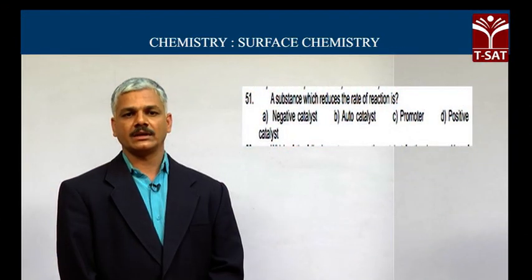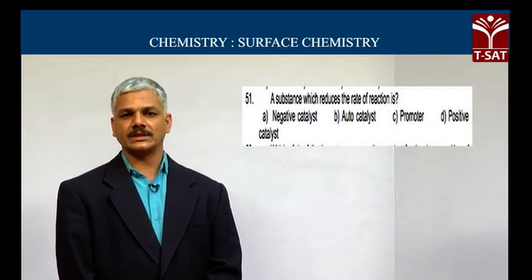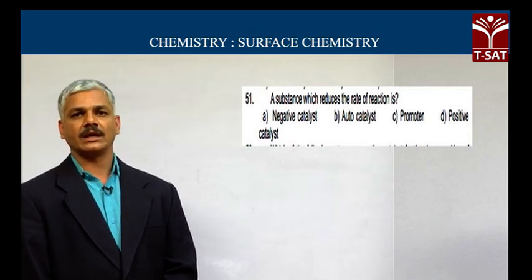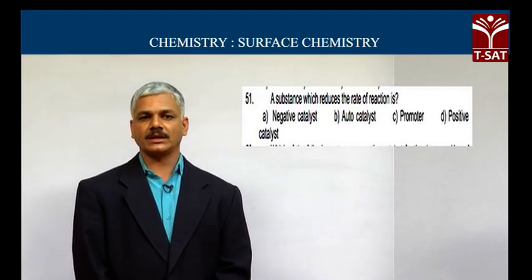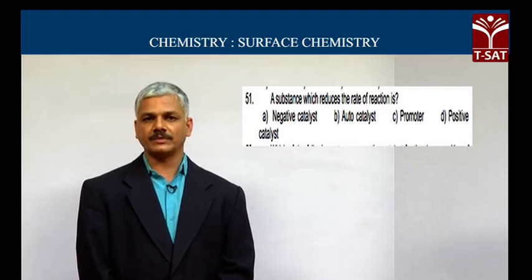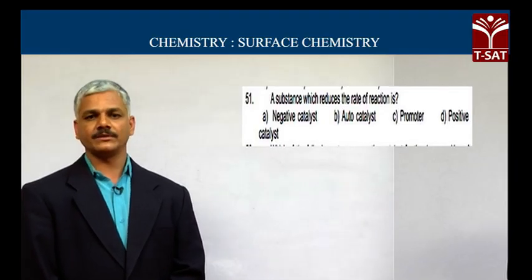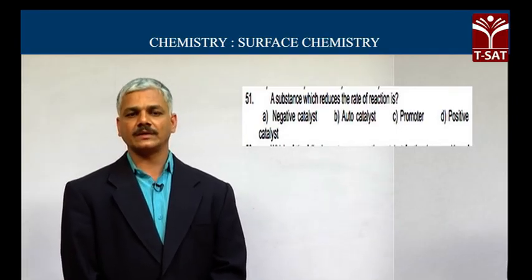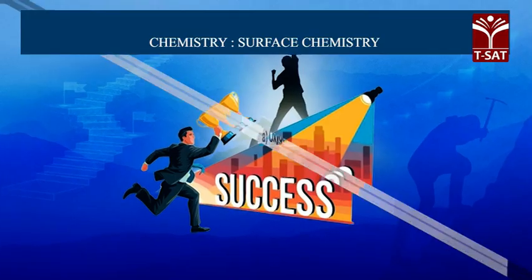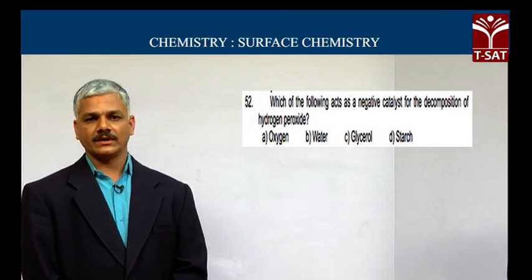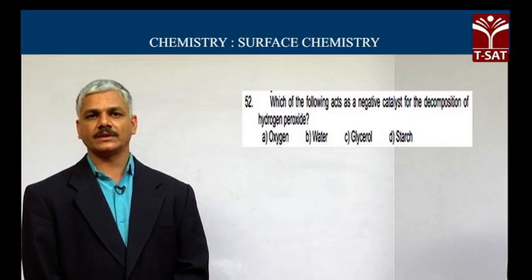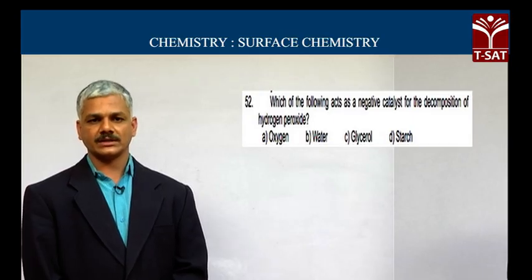51. A substance which reduces the rate of reaction is. Given options are: A, negative catalyst, B, autocatalyst, C, promoter, D, positive catalyst. Correct option is A, negative catalyst. 52. Which of the following acts as a negative catalyst for the decomposition of hydrogen peroxide?